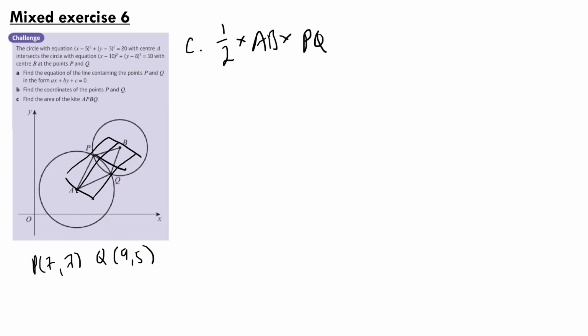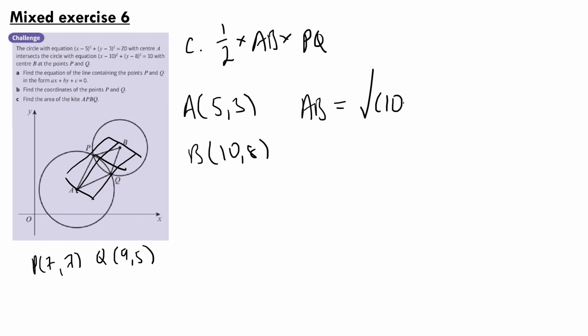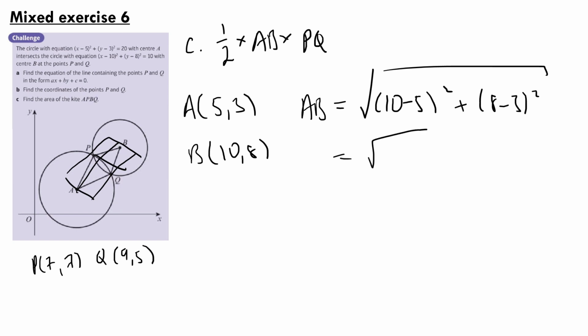First we need the coordinates of A and B, the centres of the circles. From the first equation, A is (5, 3), and from the second, B is (10, 8). So the length AB is the square root of (10 - 5)² + (8 - 3)², which is the square root of 25 + 25, the square root of 50.